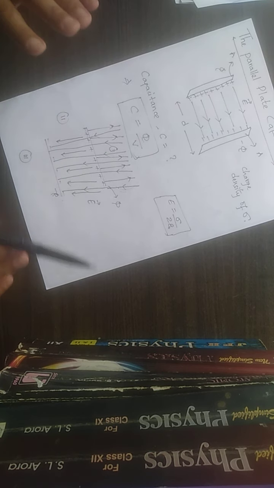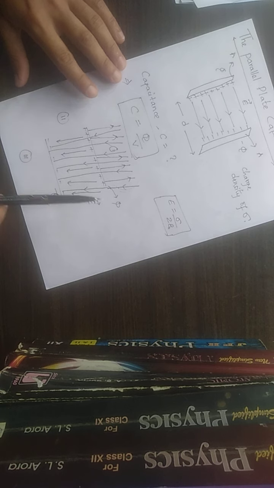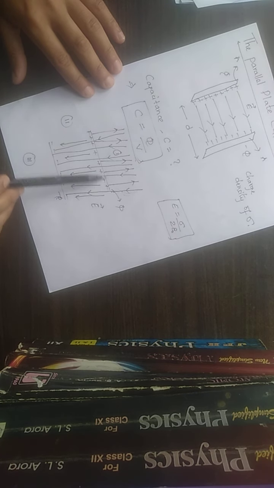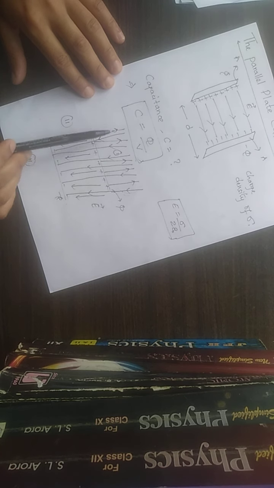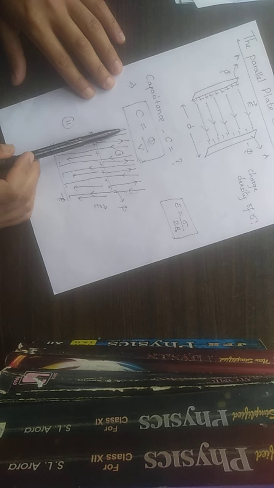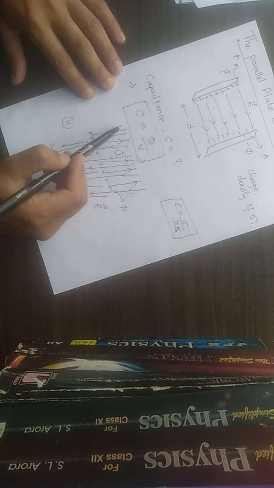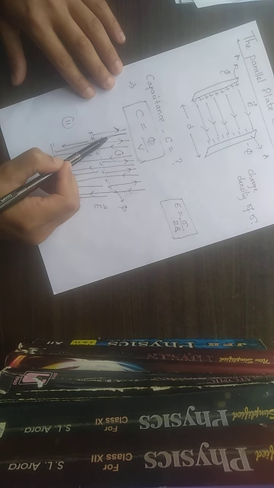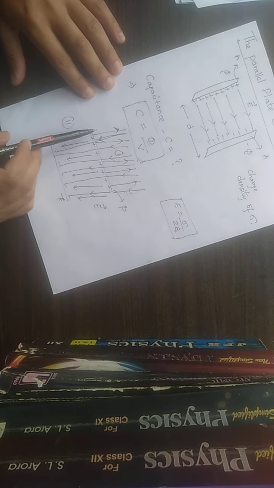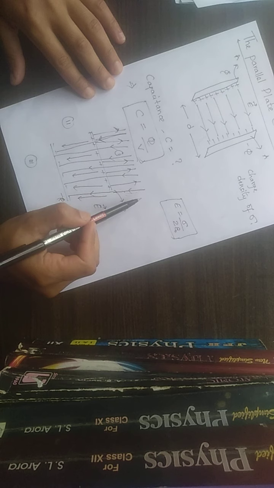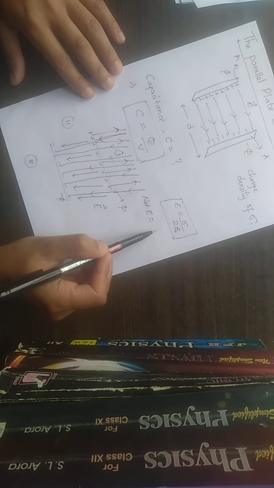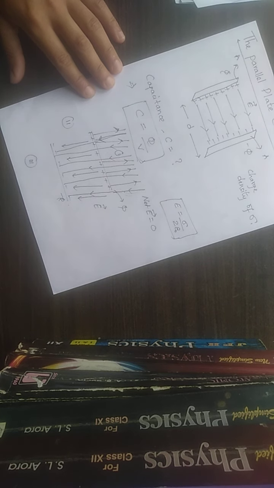So the magnitude of the field is the same, but the directions are opposite. Due to the positively charged plate the direction is upward, and due to the negatively charged plate it is downward. One field cancels the other, so the net electric field at region 1 is 0.